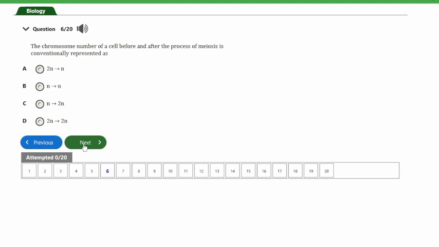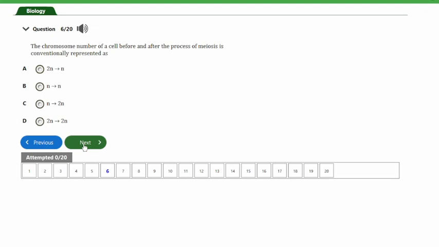It says the chromosome number of a cell before and after the process of meiosis is conventionally represented as A. 2n to yield n, B. n to yield n, C. n to yield 2n, and D. 2n to yield 2n.